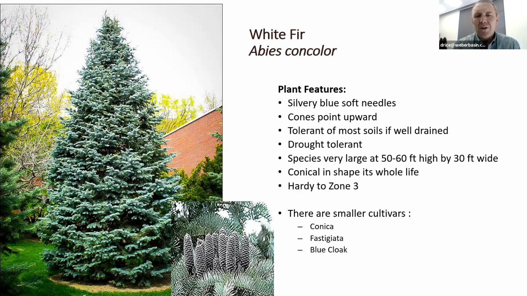If you don't have the space for one of these, look for a cultivar and you can still get the great characteristics, but in something smaller. I have a neighbor that has one of these, and it is certainly 60 feet tall. Very big tree, beautiful, but super large. If that ever comes down in the wind, it's going to be a giant mess.